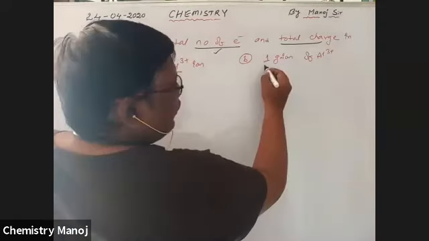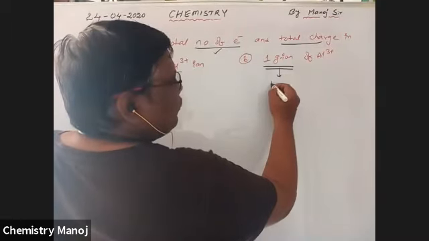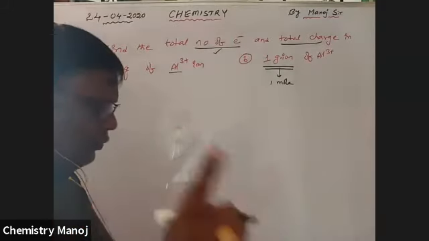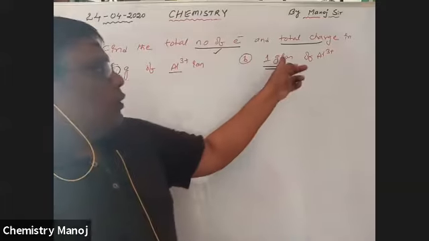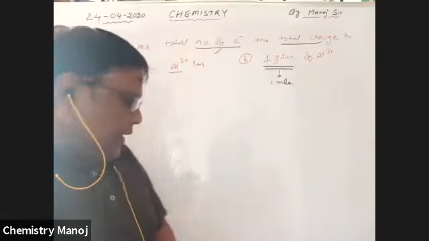Now, 1 gram ion means 1 mole. 1 gram atom means 1 mole. 1 gram ion means 1 mole. The answers 1 and 3 are wrong. 1 gram ion is equal to 1 mole. 1 mole of Al3+ is taken here.